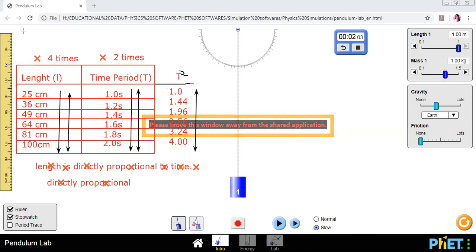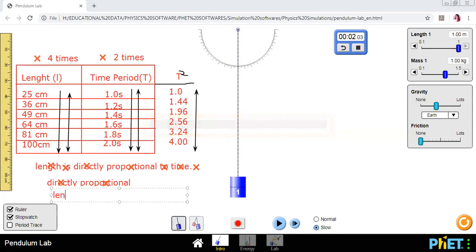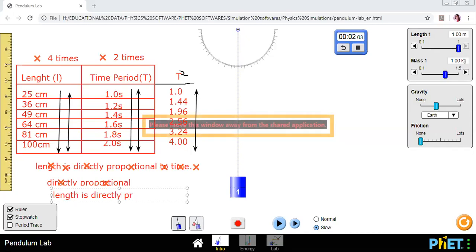So this is the relation: write down, length is directly proportional to the square of the time.